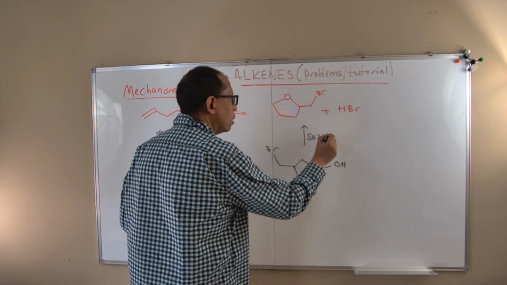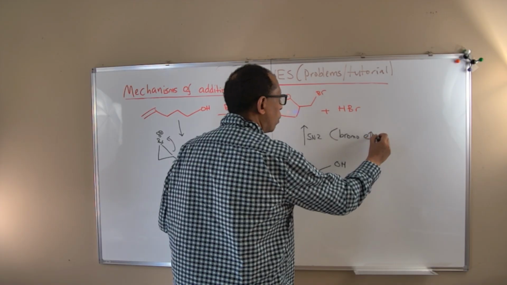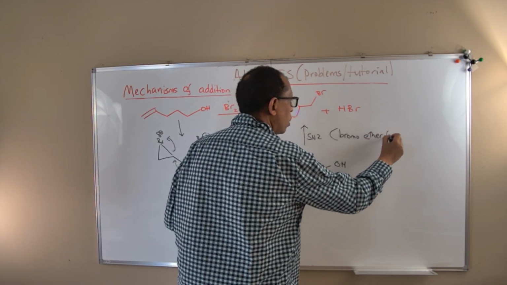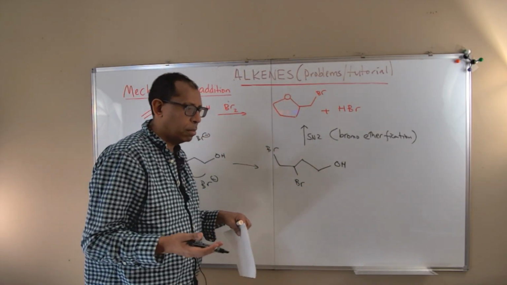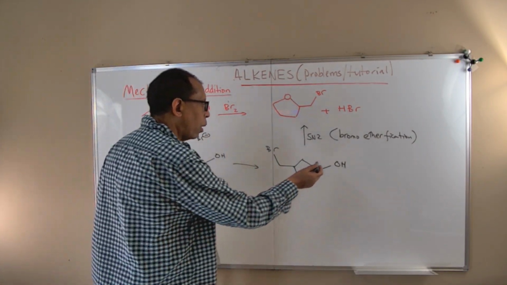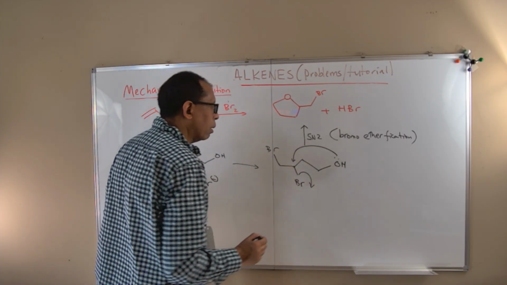So that is a bromoetherification process. Etherification by SN2 is a plausible mechanism. It's reasonable to assume that this would attack that and this would go out.